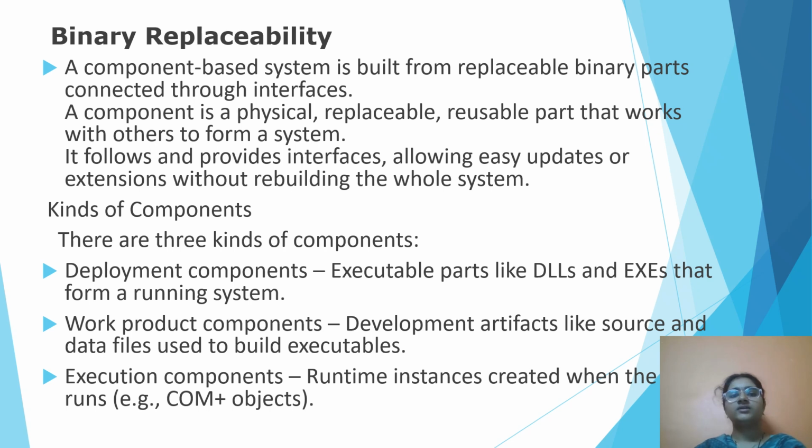For example, in an e-commerce system, if you want to upgrade the search component to make it faster, you can replace it as long as it follows the same interface as the old one. Components are physical, replaceable, and system dependent. They exist as actual files and interact through well-defined interfaces.